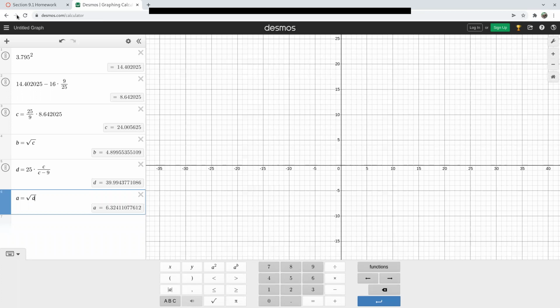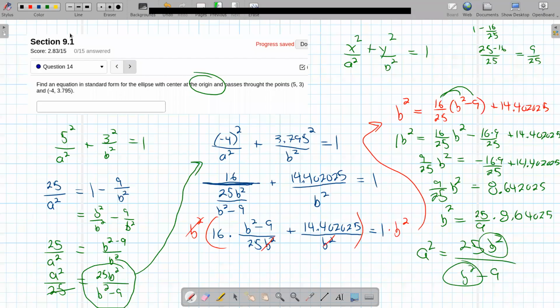So if we went to 3 decimal places, that's 4.900. So B is about 4.9. Add that to the notes. So we think that our A is about 6.324, and our B is about 4.9-ish.